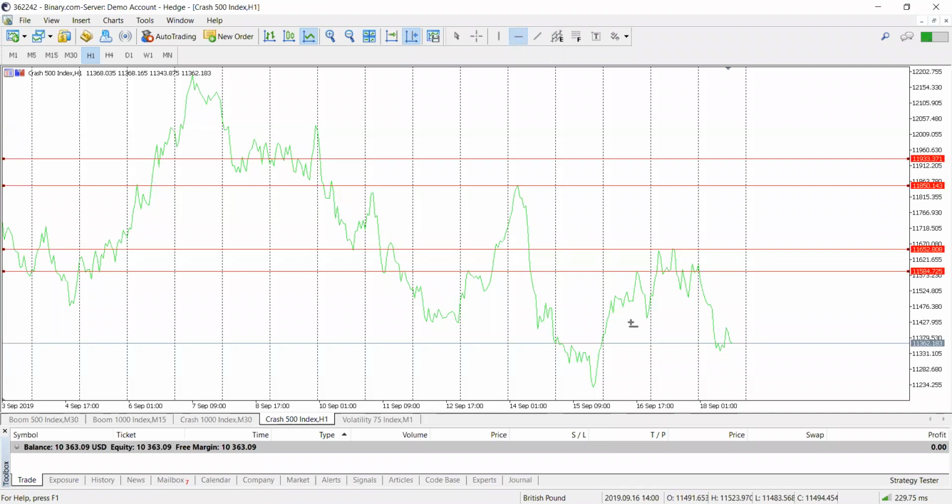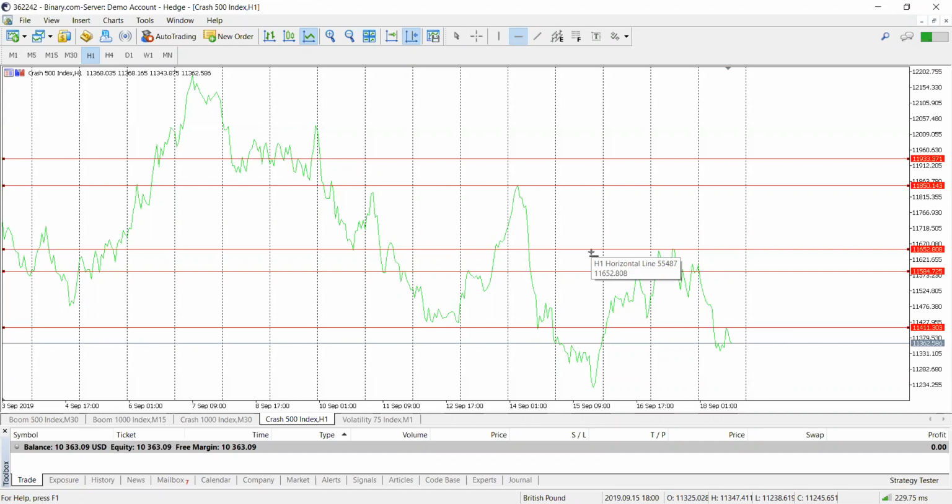I find this easier. You can do it. If you don't find it easier, you can just not do it. Remember, crash will always crash at resistance. So drawing your support and resistance is very important.